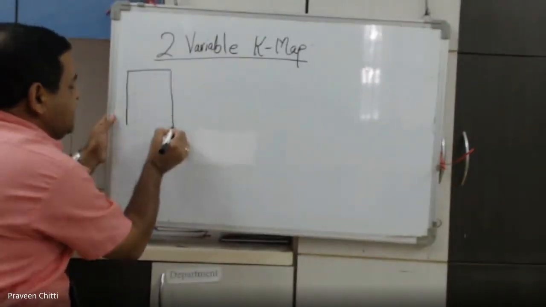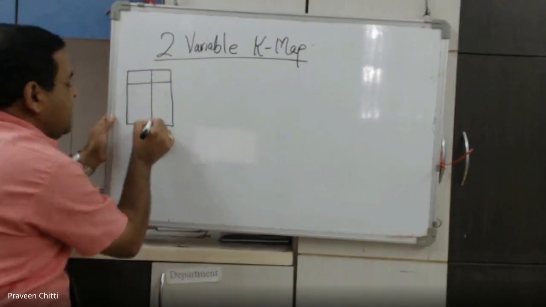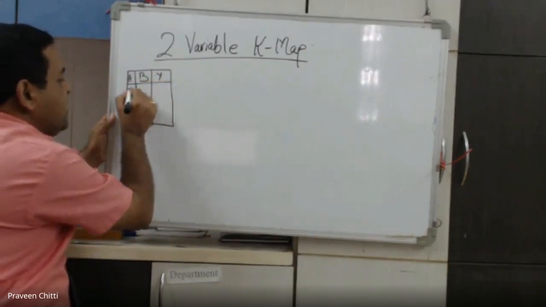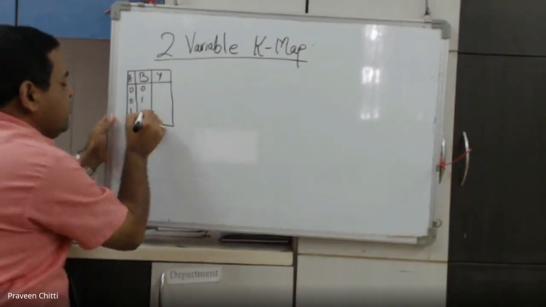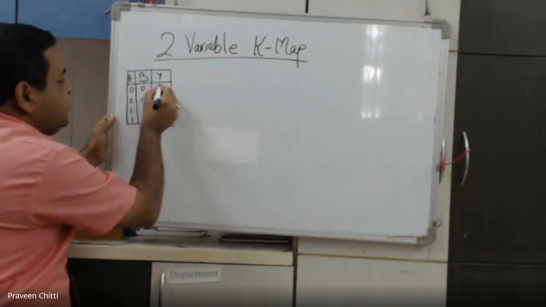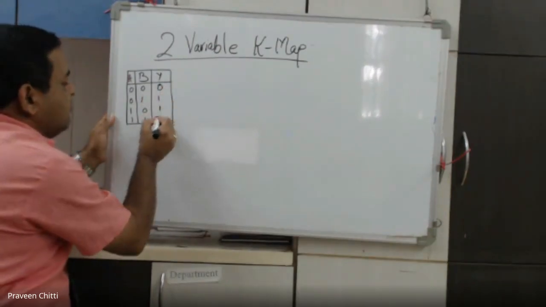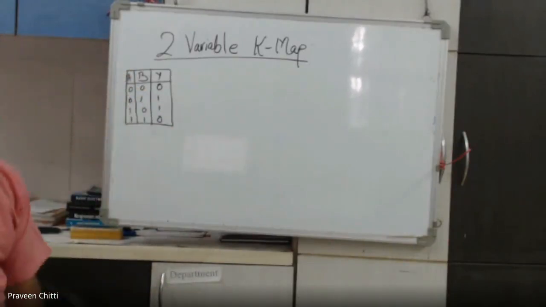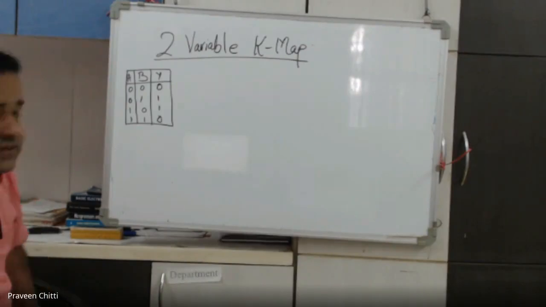I'll take one simple example here, wherein I have two inputs, say A and B, and output Y. We have these four input combinations, and I will take some output also. Just one truth table I have taken, with two variables. I have to construct a two variable K-map, and I have to get the simplified expression from this. So how can we do that?